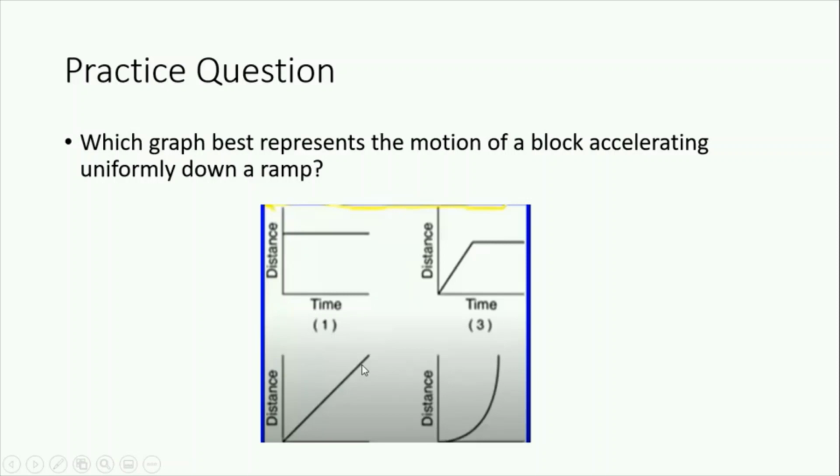So that one's not accelerating down a ramp, it's just moving at a constant velocity. Graph number 3 has a constant velocity for the first part and then stops on the second part. And then our very last graph down at the bottom, this is the one that's accelerating. So if you see a distance versus time graph that's curved, that's going to be your big hint that it's accelerating.